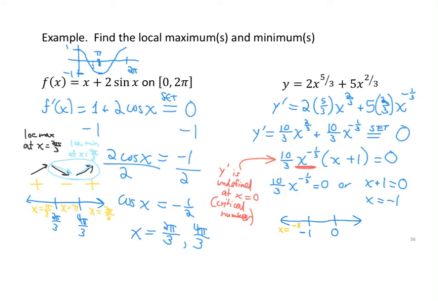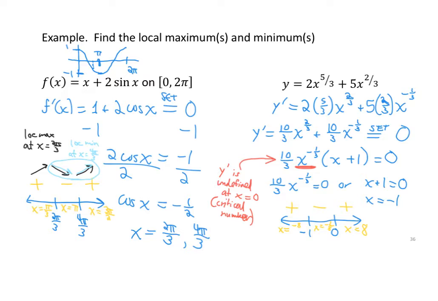And then between negative 1 and 0, maybe I'll pick, I don't know, negative 1/8. And then to the right of 0, maybe I will pick 8.